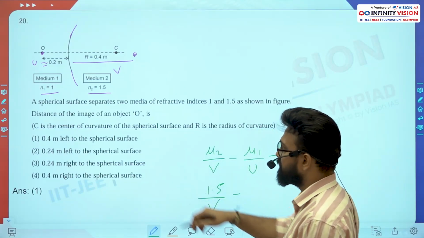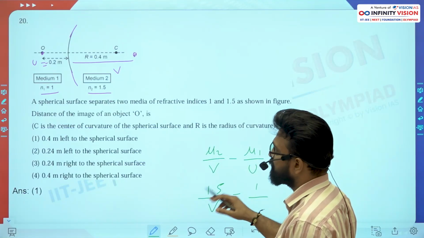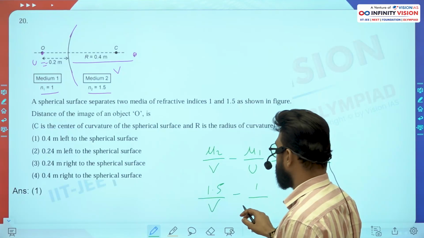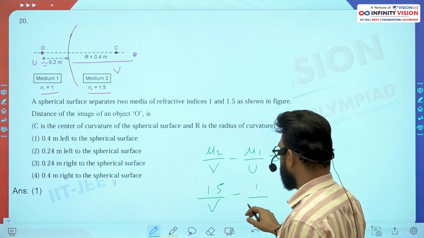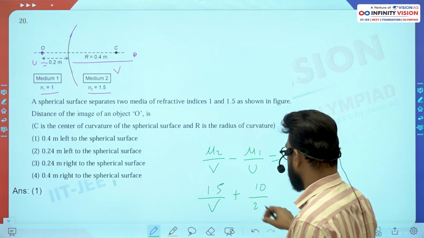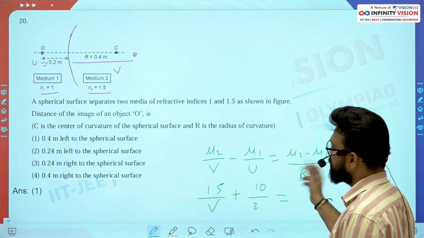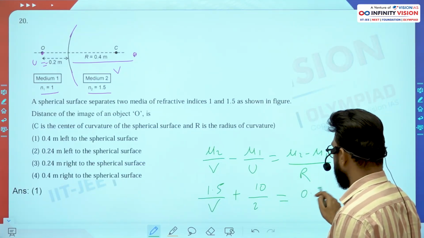Mu1 was the first medium, having refractive index 1, and this u is minus 0.2, so minus minus plus 0.2 is nothing but 2 by 10. Mu2 minus mu1 is 1.5 minus 1, which is 0.5.